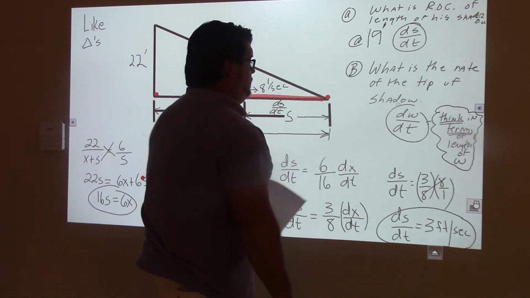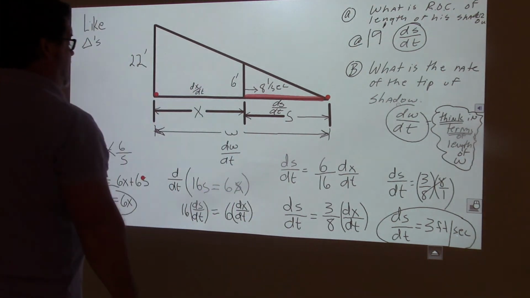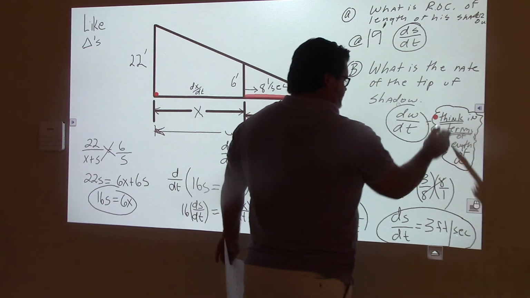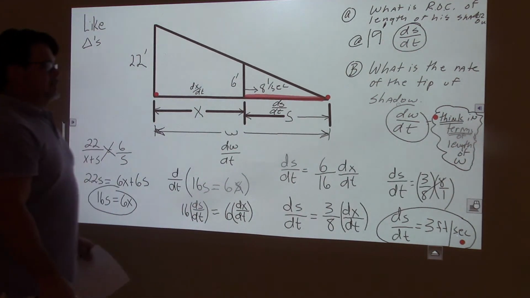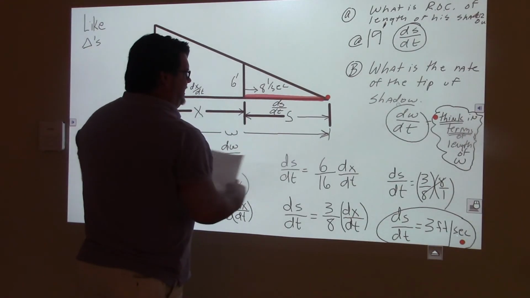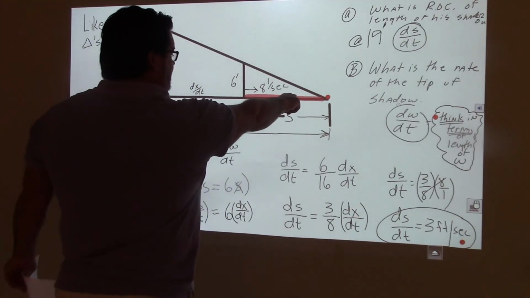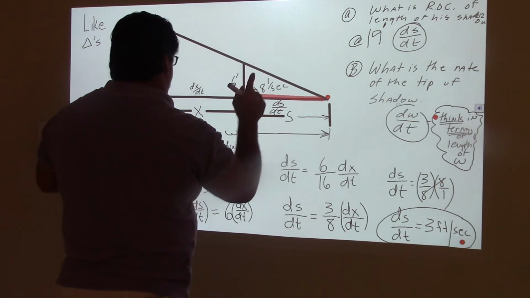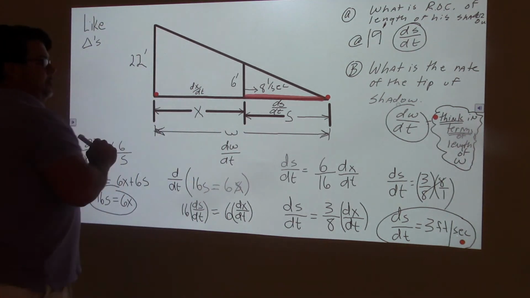Shadow. Okay? So you've got to think in terms of that. That dot is being thought of from this dot.